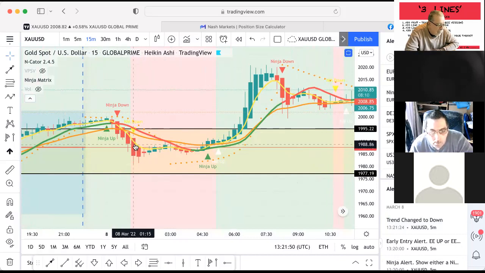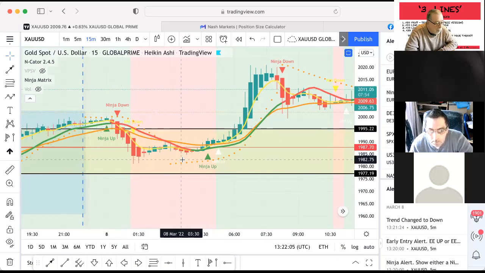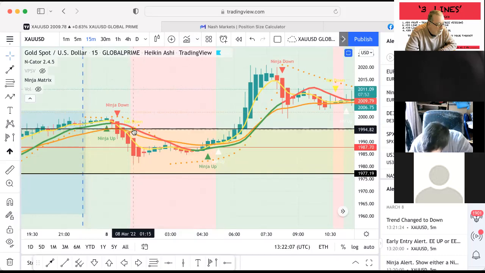So that 5 MA is definitely below the 13 MA. Now the 13 MA is the one that comes with an indicator, and it's already built into an indicator. It changes from green to red and back to green depending on the trend. So we're now in a red mode, so that's indicating a sell. The 5 MA is below the 13 MA. So I would be ready to get into a sell trade at that point.